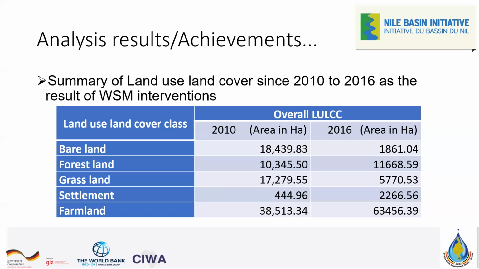Forest land changed a bit from 10,000 to 11,000. Grassland changed from 70,000 to 5,000.